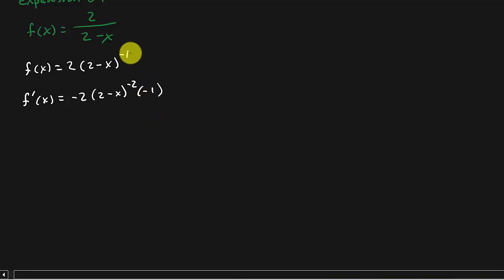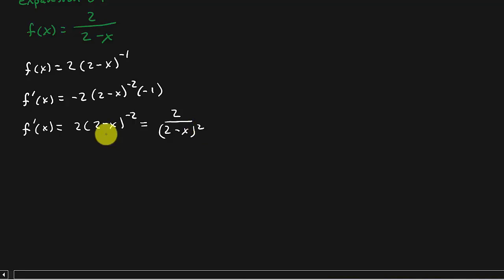Okay, so remember chain rule, the negative 1 comes down, negative 1 times 2 is negative 2, subtract 1, that's minus 2, times the derivative of what's inside the parentheses. Derivative of this is negative 1. And so f prime of x is equal to 2 times 2 minus x to the negative 2, which is 2 over 2 minus x squared.